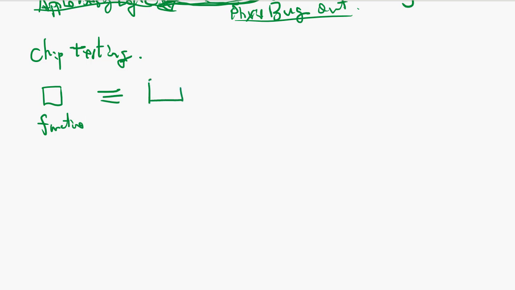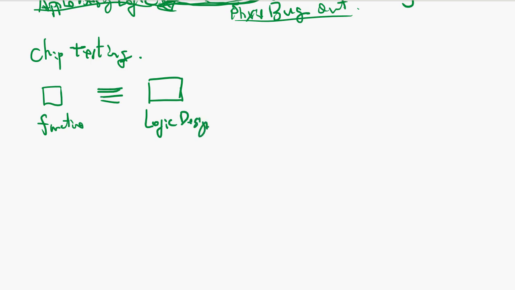Now there is a chip testing issue. When you create a chip, this chip function is supposed to be identical to the logic design.